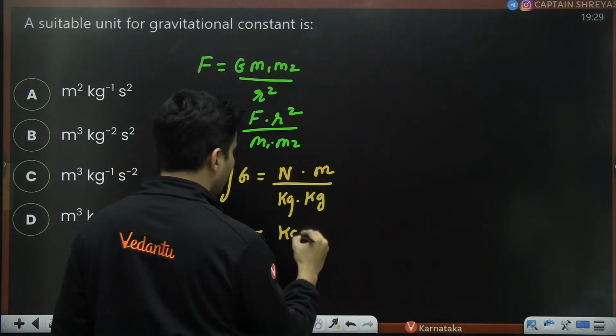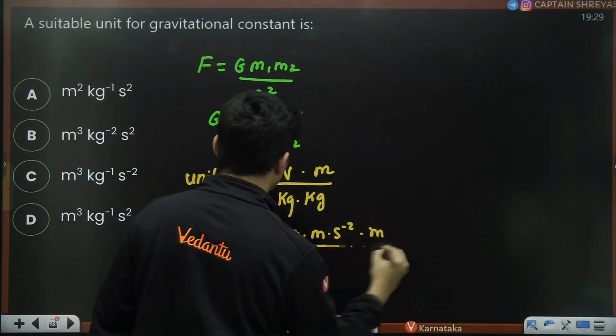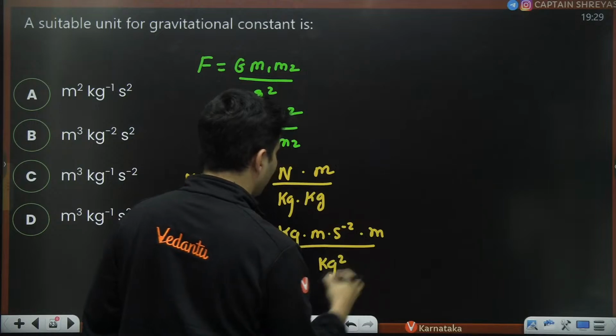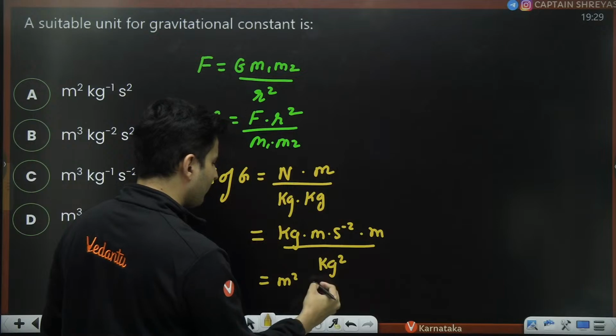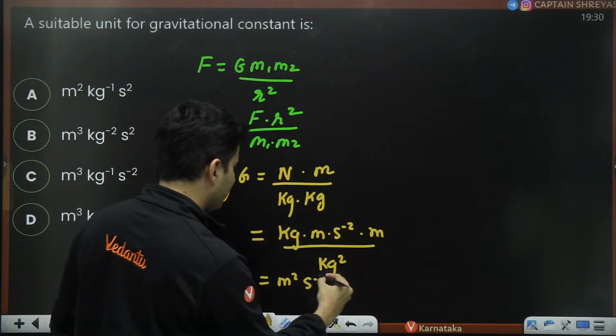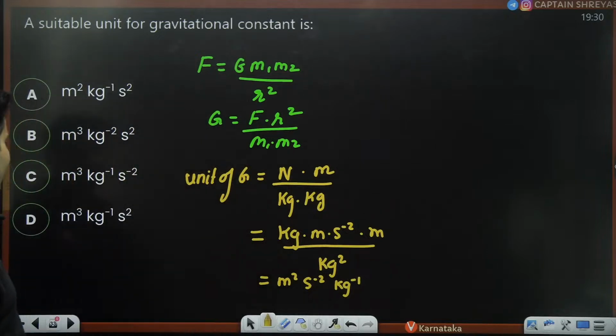Newton is also kg meter per second square. Kg will become kg square.